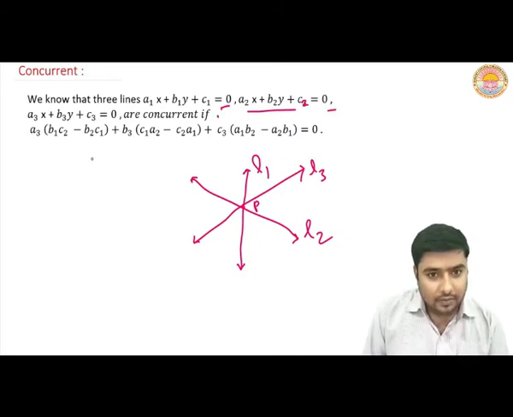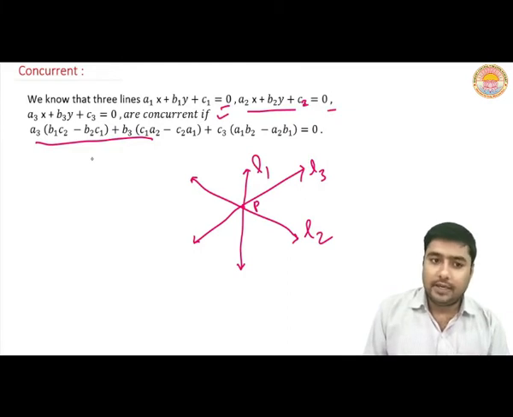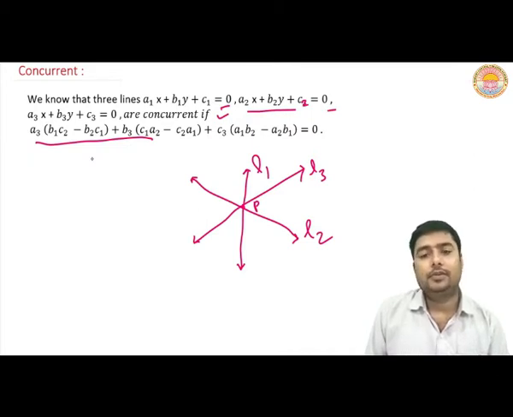If they are concurrent, then this condition holds. What is this condition? This condition is a3 in the bracket (b1c2 minus b2c1) plus b3 in the bracket (c1a2 minus c2a1) plus c3 in the bracket (a1b2 minus a2b1) equals 0. This is the condition for concurrency.